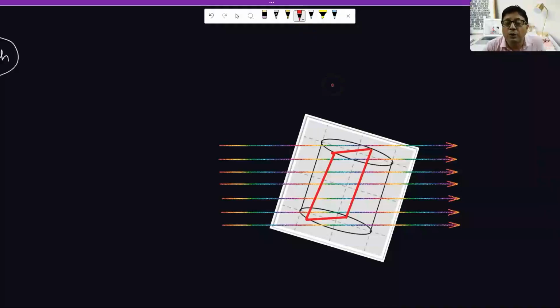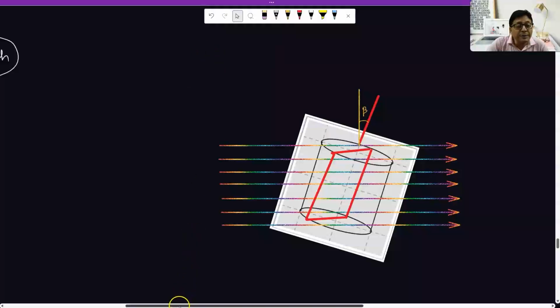If we draw this axis of the cylinder, this axis of the cylinder will make an angle beta with the vertical now. Okay. Initially it was straight. The axis of the cylinder was along the yellow line. Now it is inclined, so the axis of the cylinder is also inclined. Okay. This angle is beta. Your problem is to calculate the outward flux.